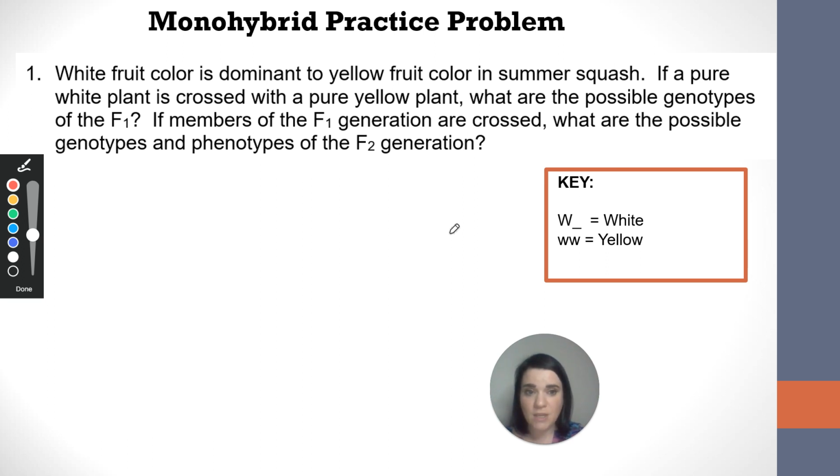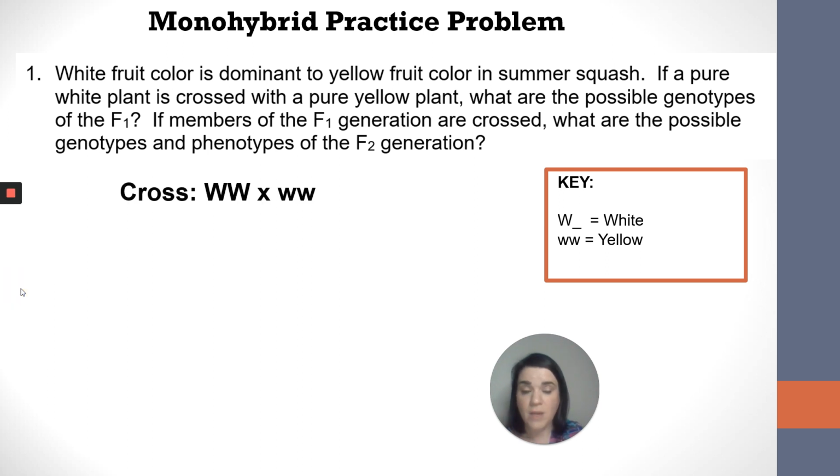So the next step is to do the Punnett square. And actually, well, first we need to figure out what it's asking us to do. So it's asking the genotypes of F1. So we have to look at the parent generation, and it said pure white plant. And we talked about how if it says pure, that means it's homozygous, and white is dominant.